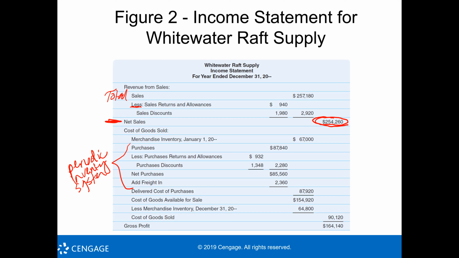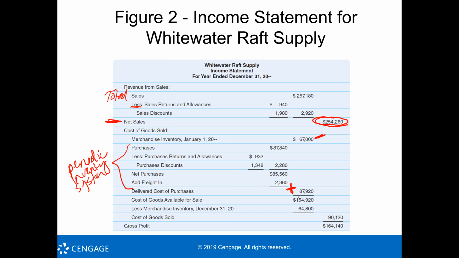This is an example of if they use the periodic inventory system. So for cost of goods sold, we're taking beginning inventory, 67,000. And then we're going to add net or delivered cost of purchases. We're going to take that 67,000 and add this 87,920.